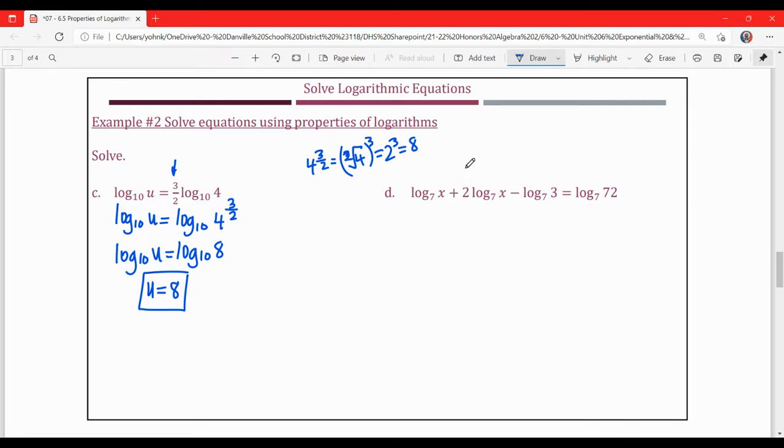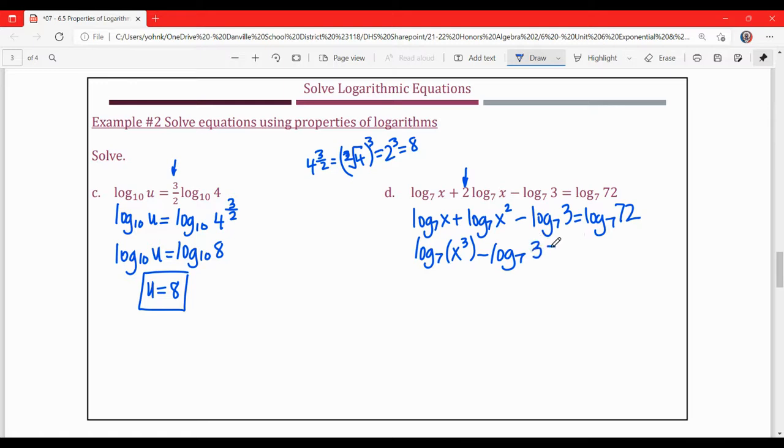Letter D, let's see, I've got a 2 in front I need to deal with. So log base 7 of x plus log base 7 of x squared minus log base 7 of 3 equals log base 7 of 72. Okay, they're all log base 7s. That's good. So if I'm adding these individual log 7s together, I'm really multiplying. So that becomes log base 7 of x cubed minus log base 7 of 3 equals log base 7 of 72.